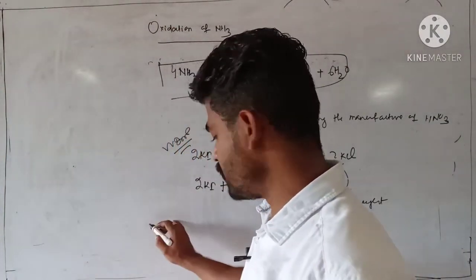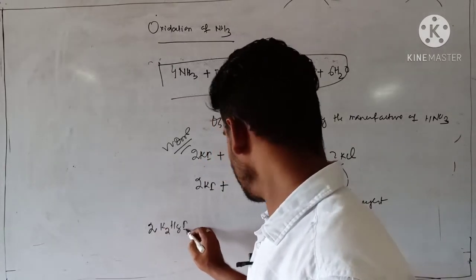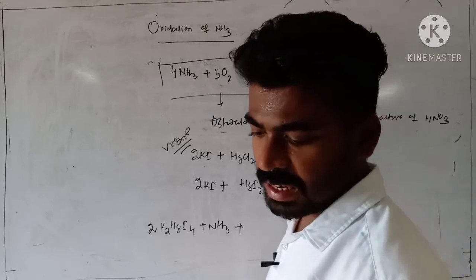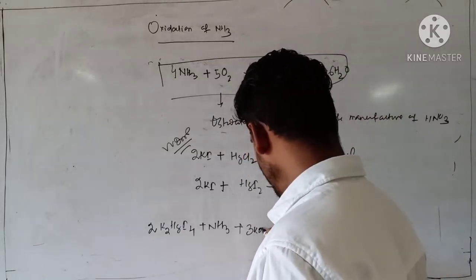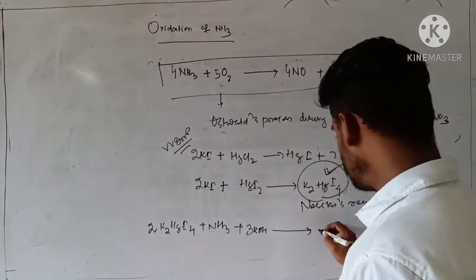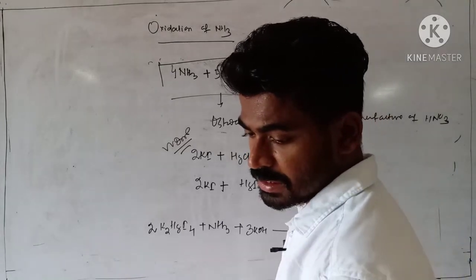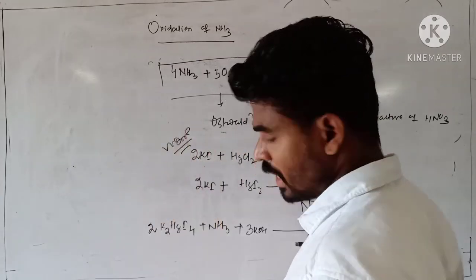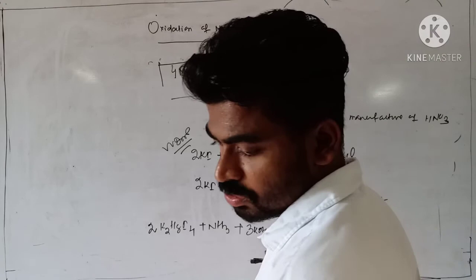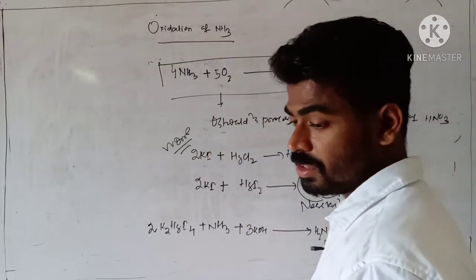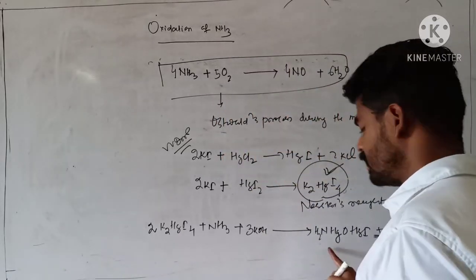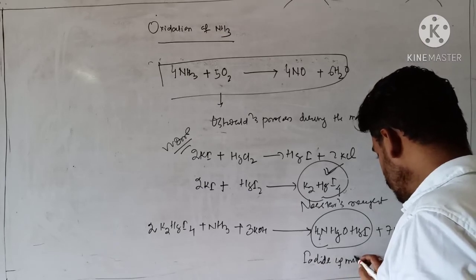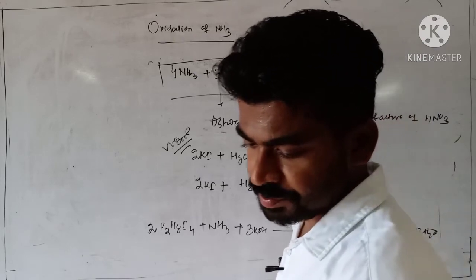The reaction can be written as 2K2HgI4 plus NH3 plus, since the medium is alkaline, 3KOH, giving rise to NH2·HgO·HgI, a brown precipitate, plus 7KI, remember this equation, plus 2H2O. This compound is called iodide of Millon's base, very important.